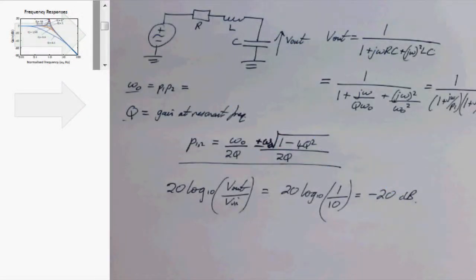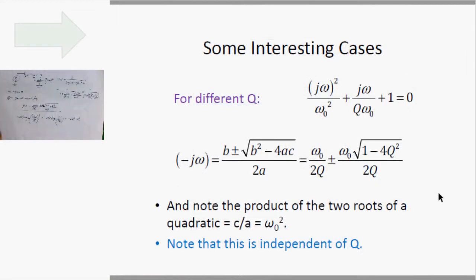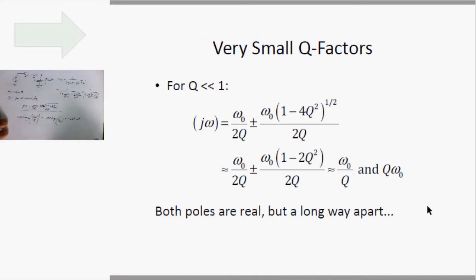We'll have a look now at a few particular cases using this formula here, which is the formula for the poles as functions of resonant frequency and Q factor. First special case, very small Q factors.